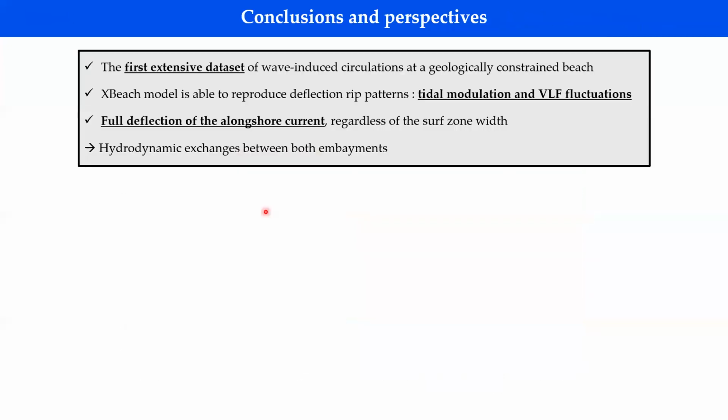So to conclude this presentation, we have presented the first extensive dataset of hydrodynamics along a geologically constrained beach. We have implemented an XBeach model that is found to be able to reproduce quite well the deflection rip patterns, which include the tidal modulation of Eulerian velocities, but also the fluctuations of intensities within the very low frequency band.